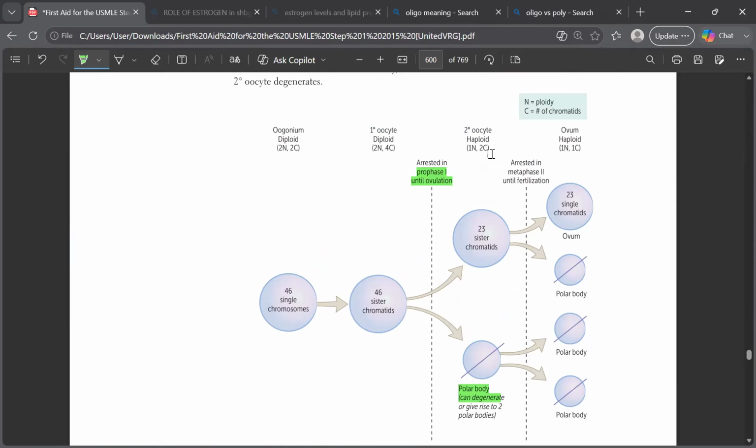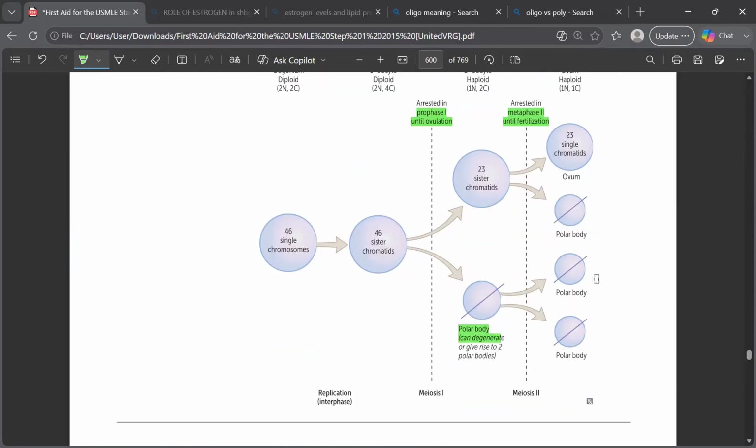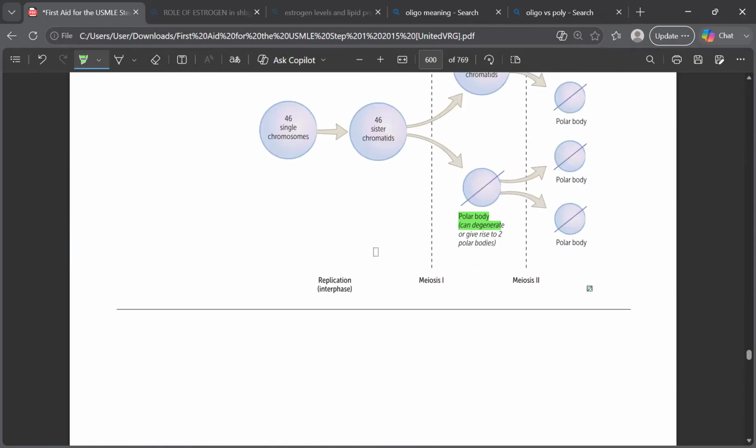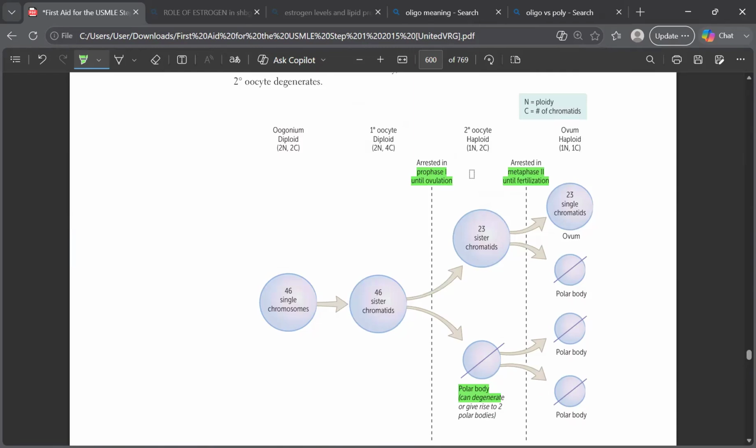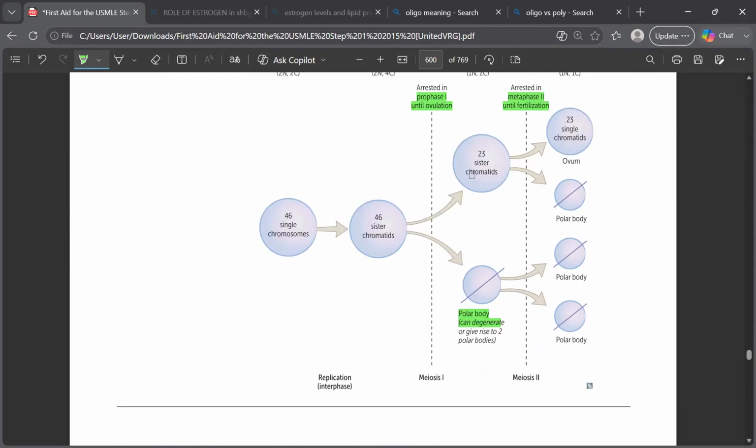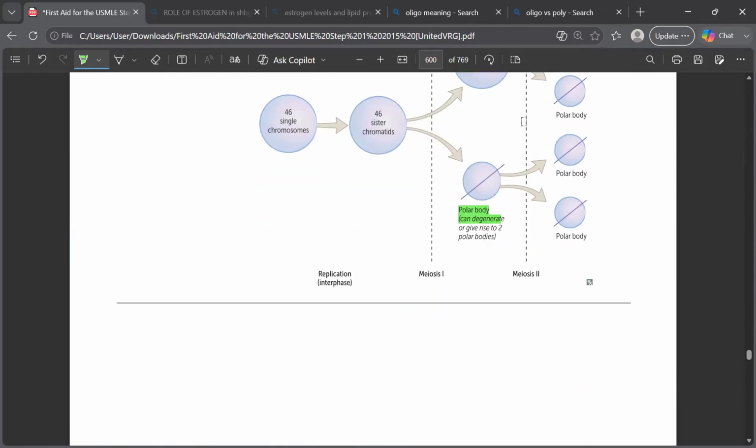Now, the interesting thing is that it is also arrested in metaphase 2 until fertilization. When the egg is fertilized, it completes meiosis 2 and forms an ovum. And the rest are polar bodies that just degenerate. So meiosis 1 of the primary oocyte is stuck in prophase 1, and meiosis 2 of the secondary oocyte is stuck in metaphase 2.